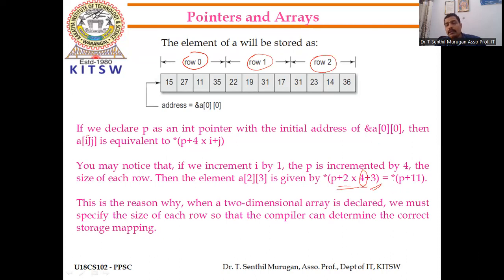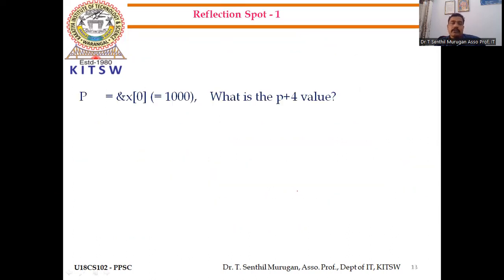So if we find asterisk of P plus 11, it will go to the 11th place. P plus 1 means pointer plus 1, 2, 3, 4, 5, 6, 7, 8, 9, 10, 11. So this is the 2 comma 3 value, the last value. Like that it will be calculated.